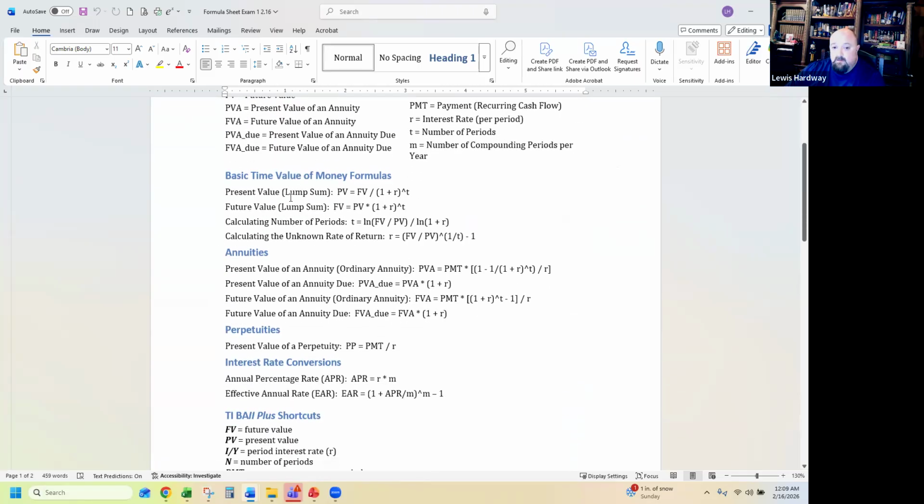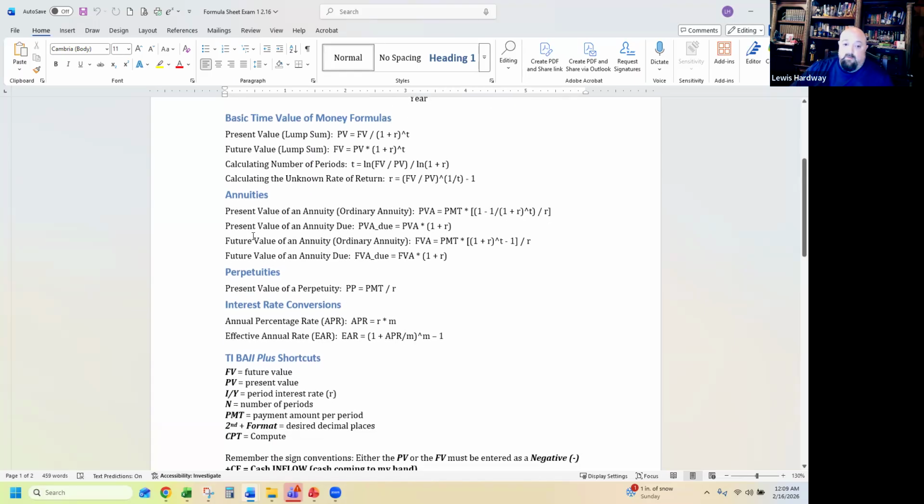Here are the basic present value, future value, how you do these different pieces if you were doing it by hand. So that's for time value of money. I do it for annuities, perpetuities, interest rate conversions, that's the APR and EAR. So that's all your formulas for doing stuff by hand.